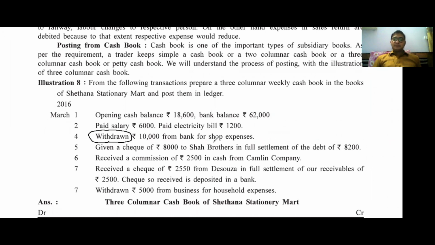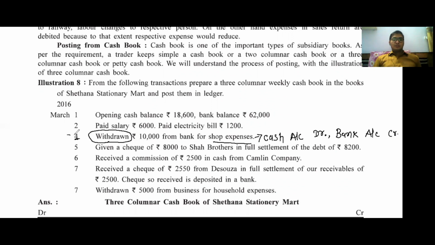It means there is a specific purpose, but right now up to date number 4 there is no expense that the company has incurred. So for simply withdrawing cash from bank, that is a simple entry like this: cash account debit because cash comes into the business, and bank account credit because bank balance decreases.